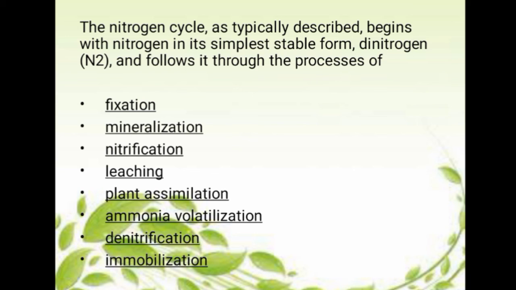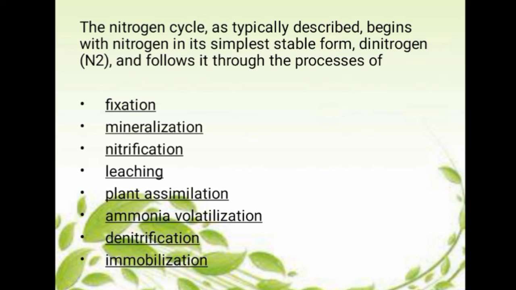The third process is nitrification. It also occurs in the soil. It uses the ammonium produced during mineralization. This process is important to plants as it produces an extra stash of available nitrogen that can be absorbed by the plants through their root systems.